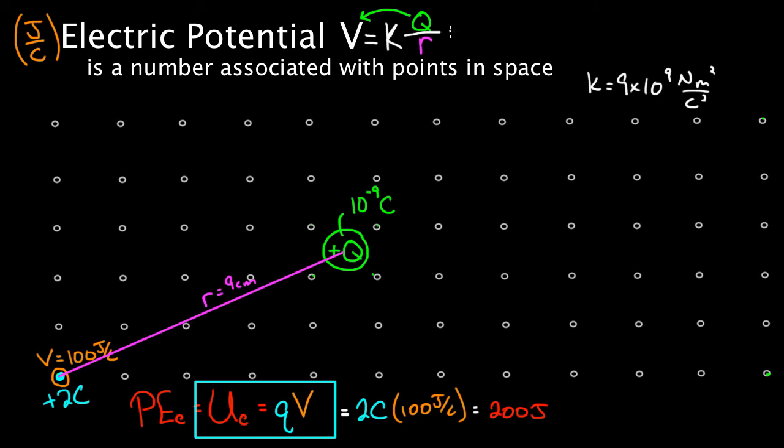We've got our formula. The V would equal, all right, my K is 9 always, times 10 to the 9th, and it's newtons meters squared per coulomb squared. And then I multiply by my charge. And I told you that the charge here was 10 to the negative 9th coulombs. This is a 9.